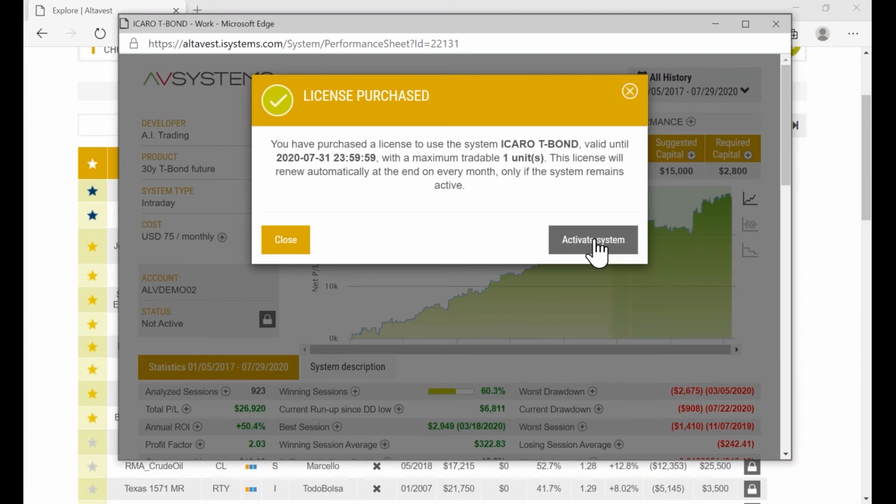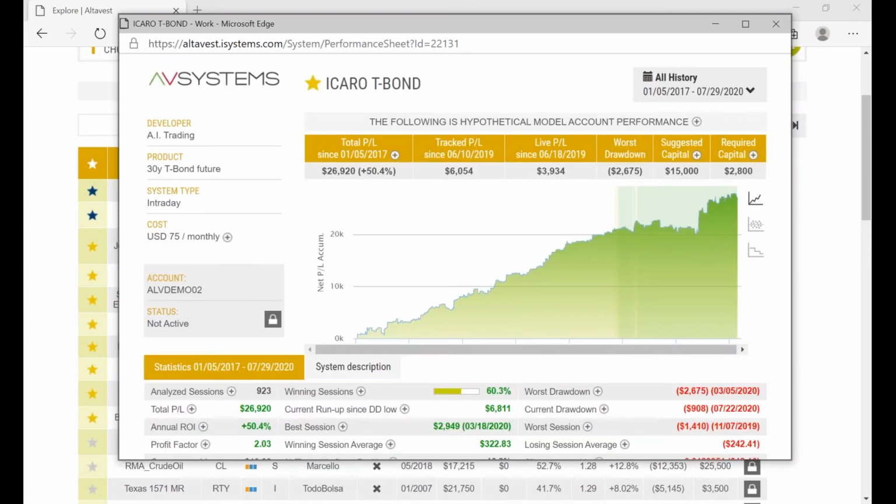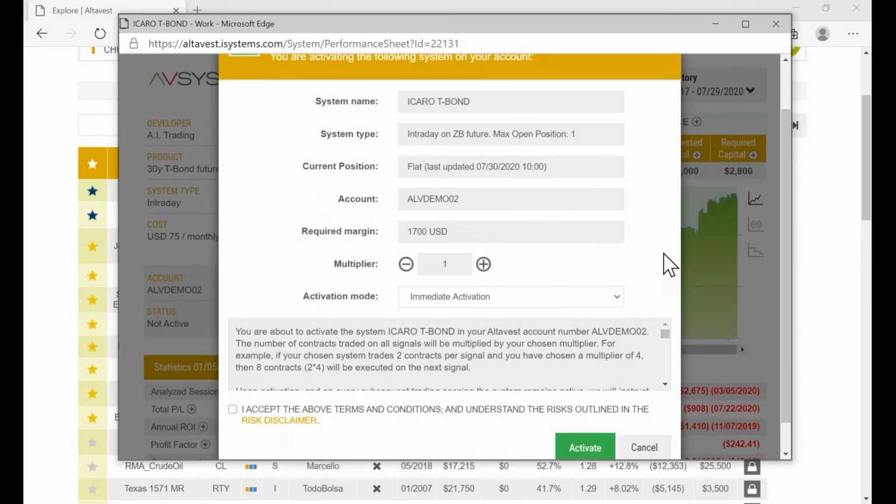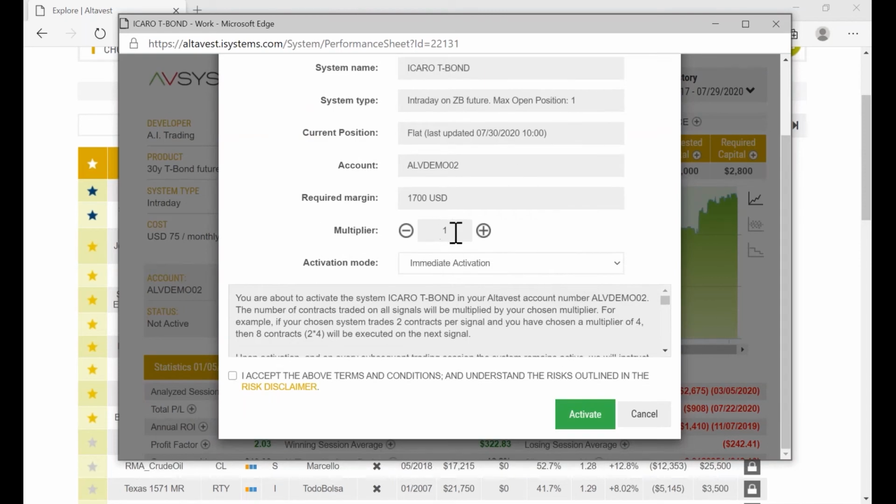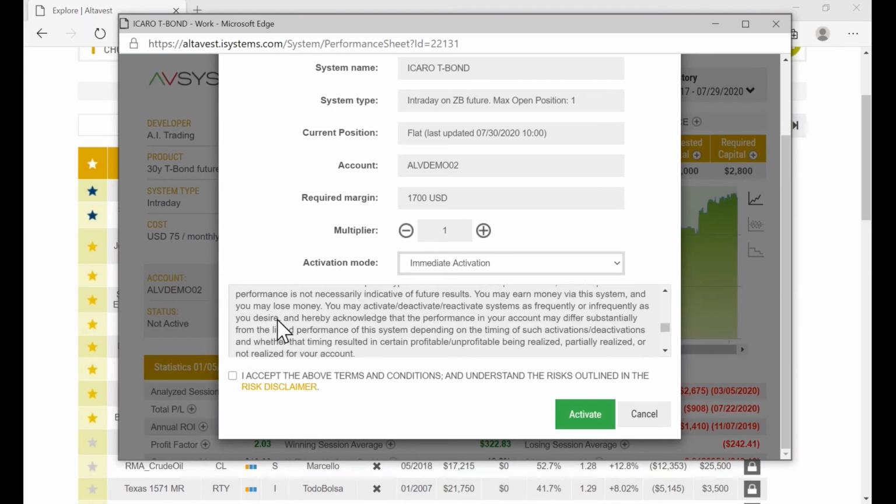So now we're on step 3. So this is what you do. Click activate. And the multiplier is 1 in this case because it's 1 unit of the system, meaning it's trading 1 contract. And you could choose to immediately activate or activate on the next session. But let's just go ahead and immediately activate. You'd want to read the disclaimer and understand that.